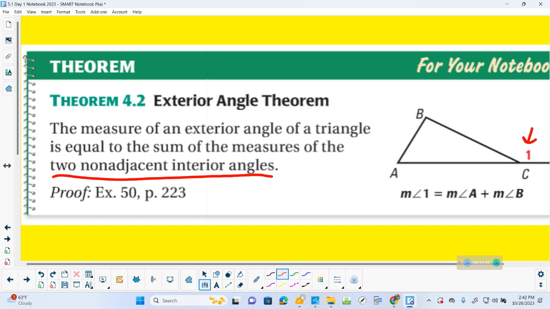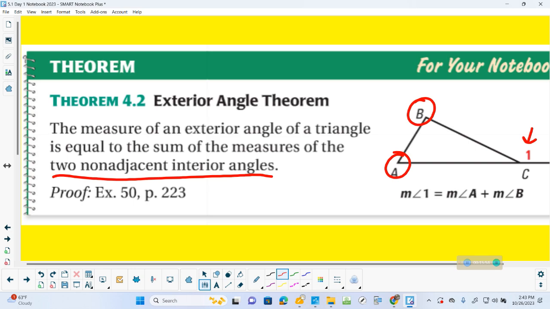Non-adjacent, they're not next to each other, okay, interior, inside angles. So you might be asking, dear Lord, what does that all mean? Non-adjacent interior angles, it's these far ones. So the outside angle equals the sum of these two far away angles. That's what all of that wordiness boils down to.